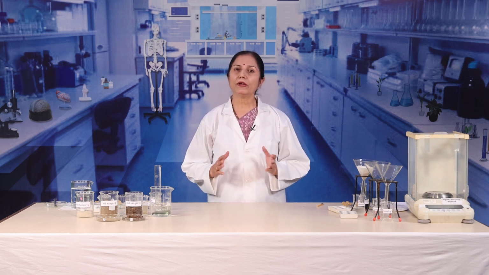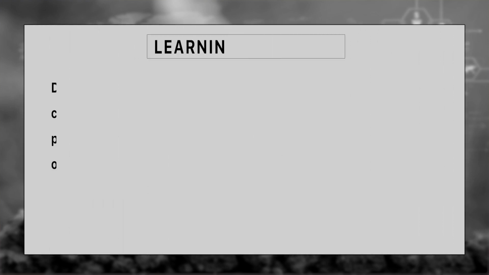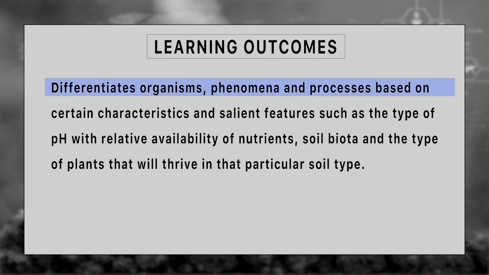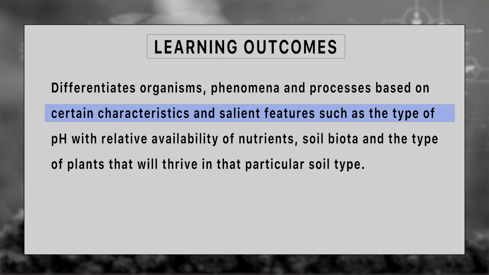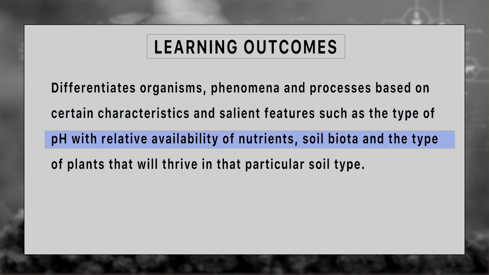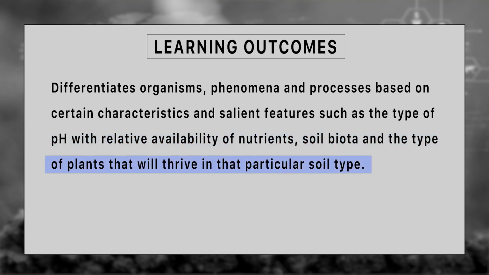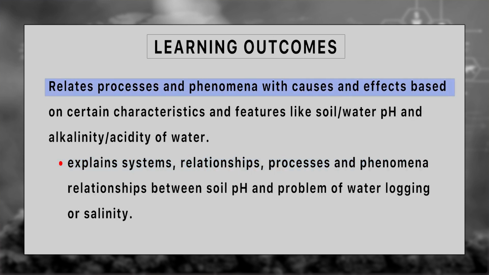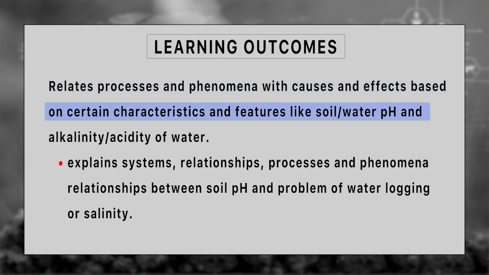This practical exercise will help you to achieve the following learning outcomes. Differentiates organisms, phenomena and processes based on certain characteristics and salient features such as type of pH with relative availability of nutrients, soil biota and the type of plants that will thrive in that particular soil type. Relates processes and phenomena with causes and effects based on certain characteristics and features like soil and water pH and alkalinity and acidity of water.